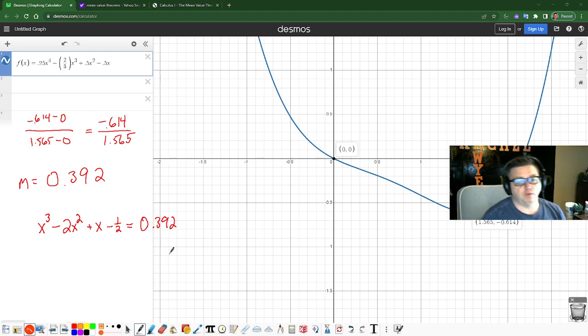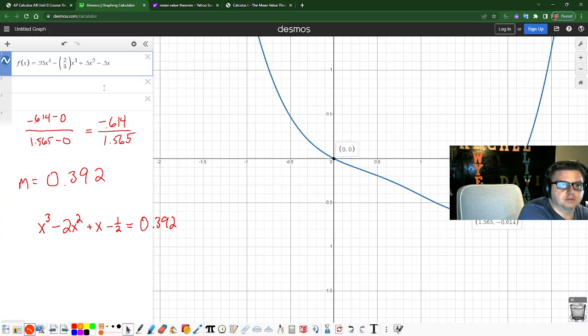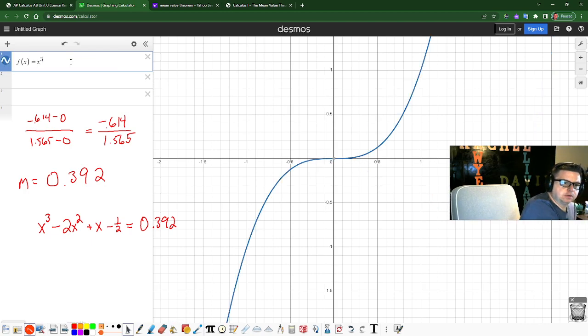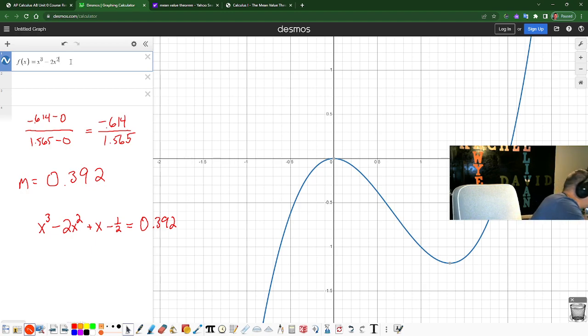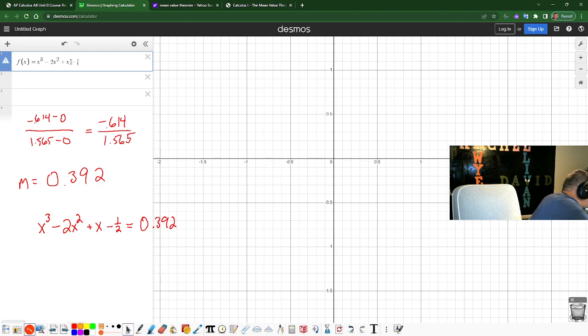and once again, if we have a calculator, do yourself a favor. Is this a calculator question? It very much so is. So we have x cubed minus 2x squared plus x minus 0.5.